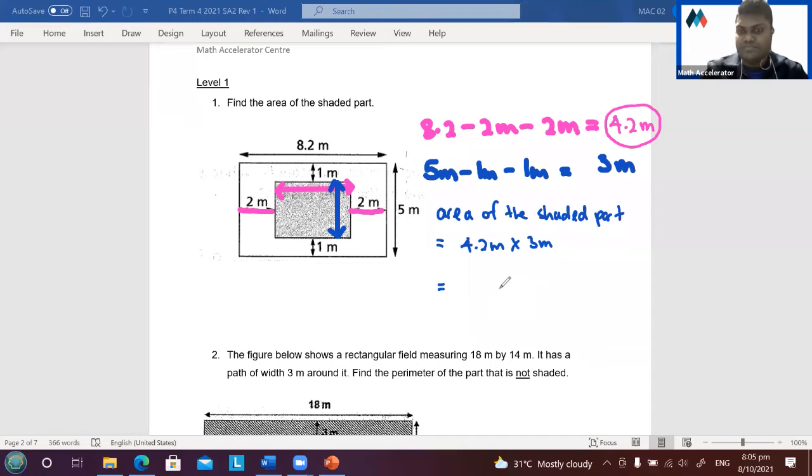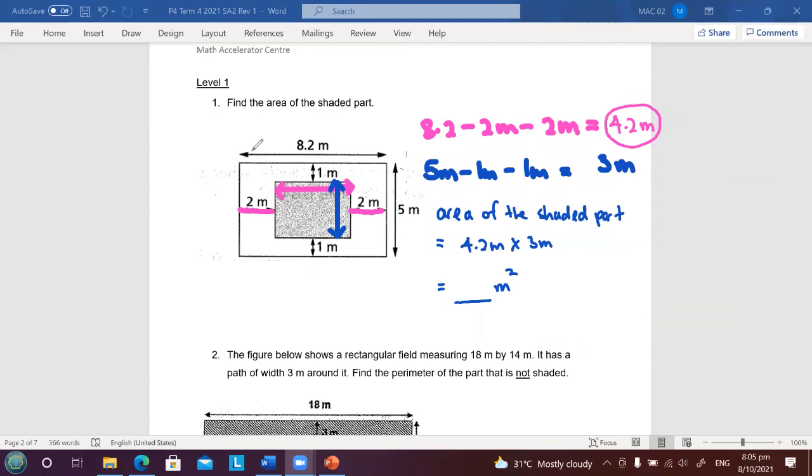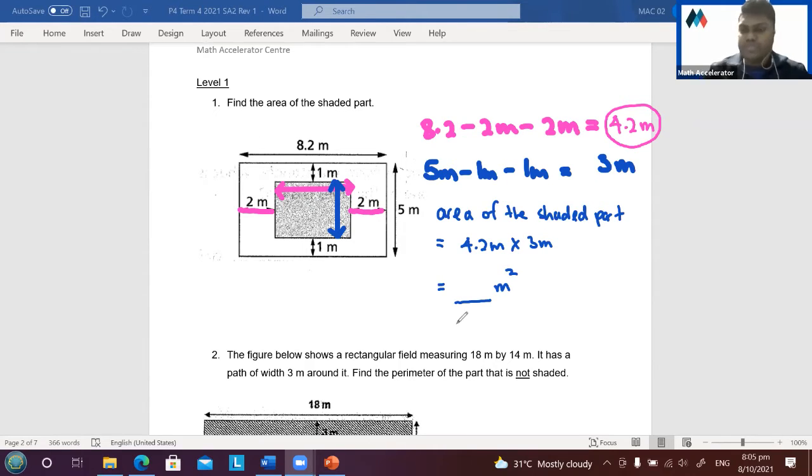Make sure you write meter squared. Well done, a majority of you got the right answer. It's 12.6 meter squared. Good.